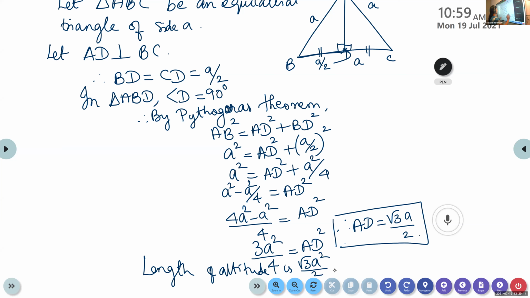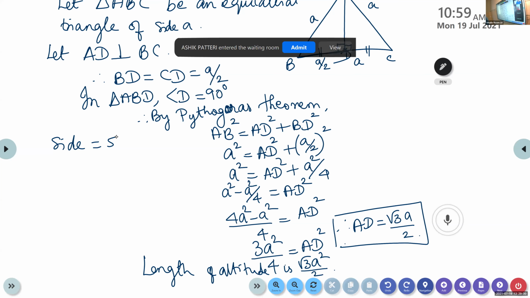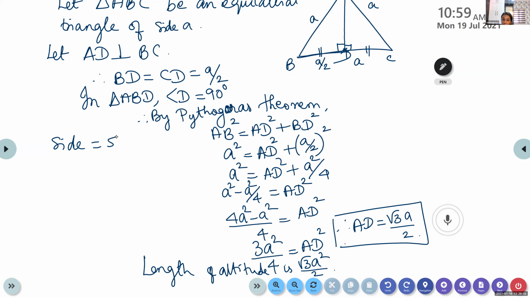So now based on this, you will get one more question. If the side of an equilateral triangle is 5, what is its altitude? Sorry, not A square, just A. If the side is A, altitude is root 3A by 2.